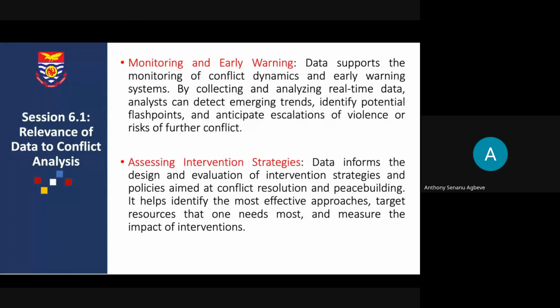And then another relevance is also that it helps you to monitor and gives you early warning signs, right? So monitoring and early warning signs. It helps you to identify potential flashpoints.